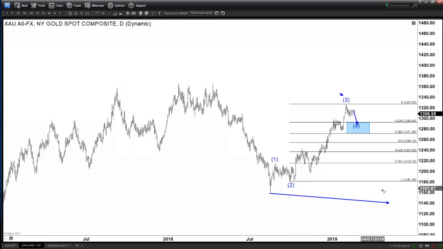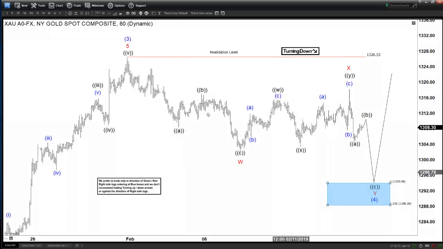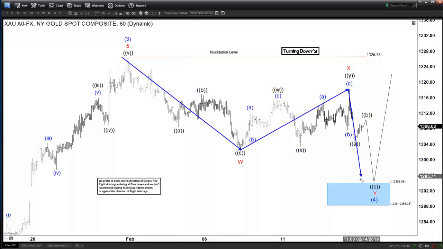Typically in Elliott wave, wave 4 is around 23.6 to 38.2 retracement of the wave 3, which comes at 1292, 1271. Now this area, if you compare with this blue box area, which is based on this equal leg, they have a confluence, right?